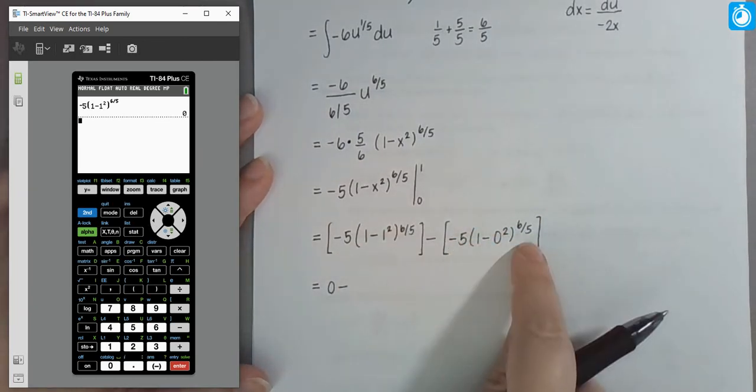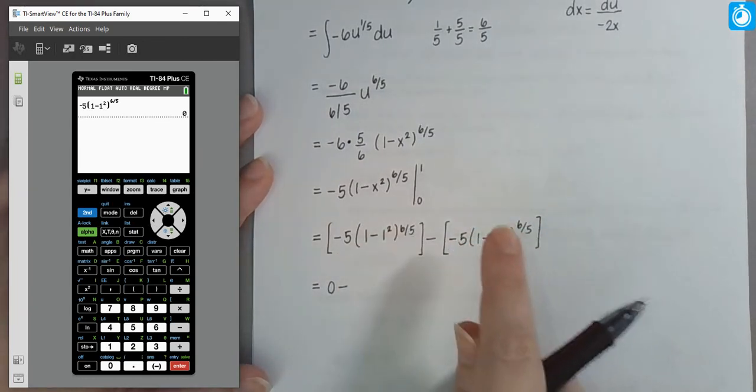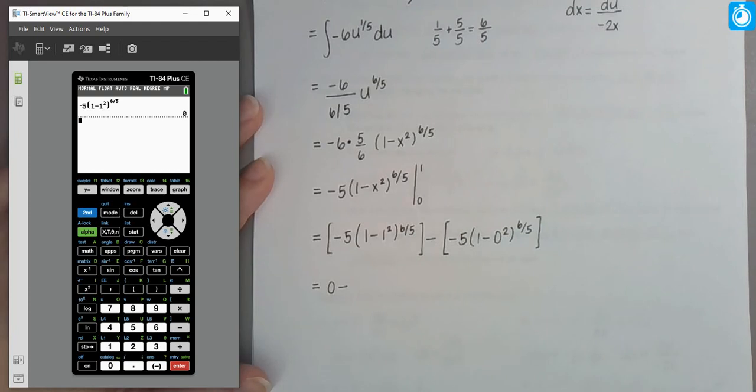Minus whatever we get in our second set of brackets. So something similar kind of happens here. So we have negative 5 times 1 minus 0 squared, and that is then raised to the 6/5 power. And that's going to come out to negative 5. Well, again, why did something that looked so complicated come out to something simple?